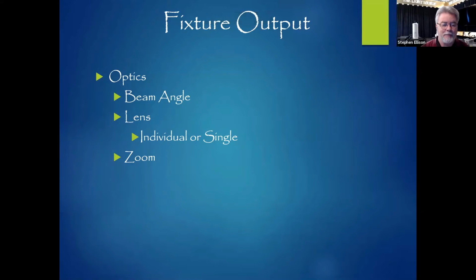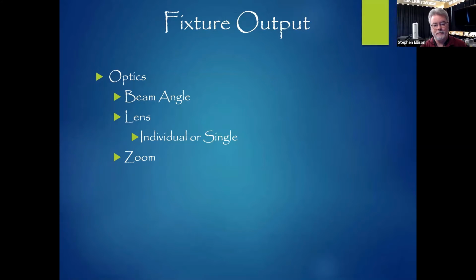So let's talk about optics. This is a metric which can make a big difference to you. You're going to want to care about optics because that's how much coverage you've got. Beam angle.